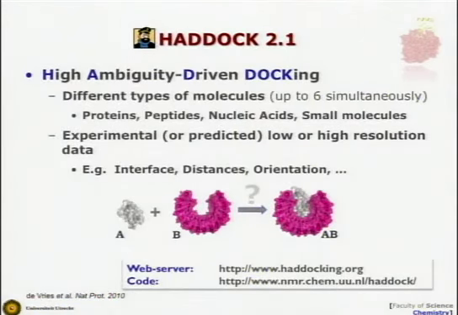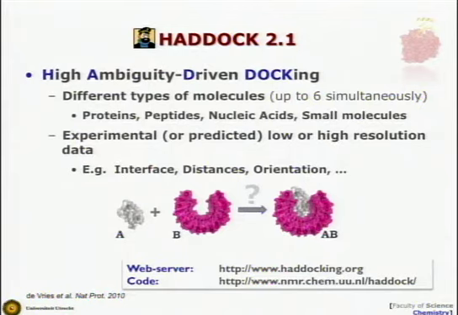So over the last 10 years, a bit more than 10 years now, we have been developing HADDOCK, which stands for high ambiguity-driven docking. We can deal with different types of molecules: proteins, peptides, nucleic acids, small molecules. HADDOCK is one of the few methods which can deal simultaneously with up to 6 molecules. In principle, we could push that limit higher.